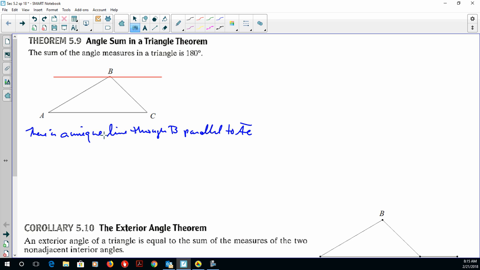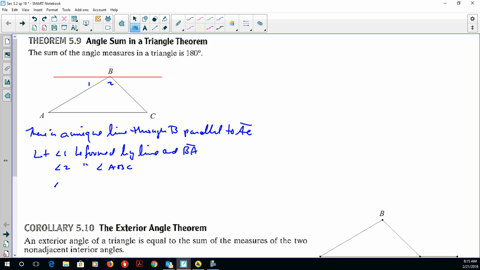Okay, and that forms, well, there's three angles up here at B now. Let's let angle 1 be this angle formed by the line and BA. Let's let angle 2 be angle ABC, what you might have called angle B, but there's several angles up here.